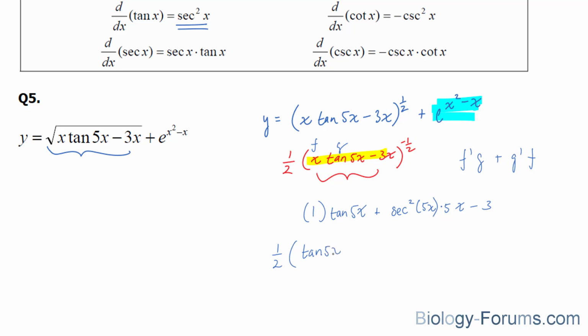Tan 5x plus 5x secant squared 5x minus 3 to the power of negative 1 over 2. And also, time to differentiate that. And for that, I'll do it right here.